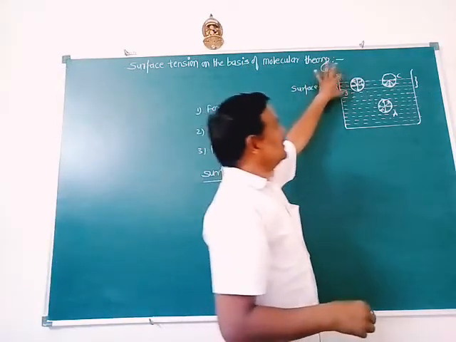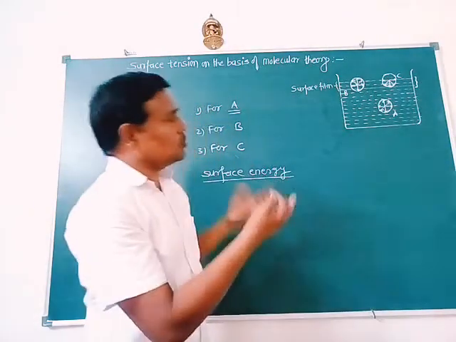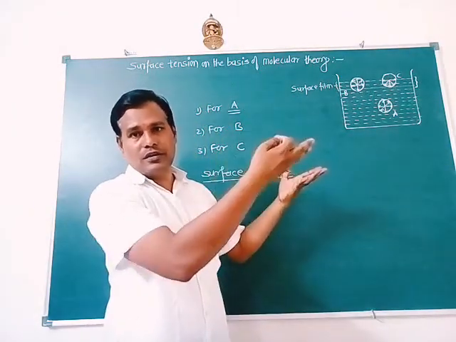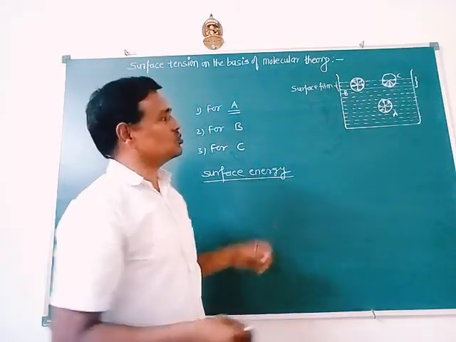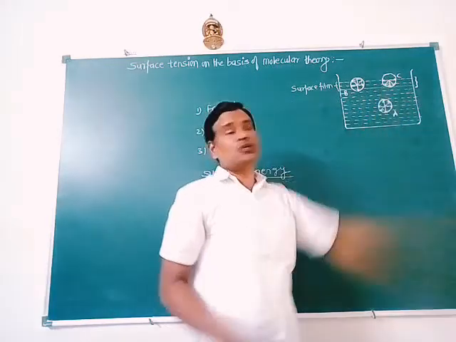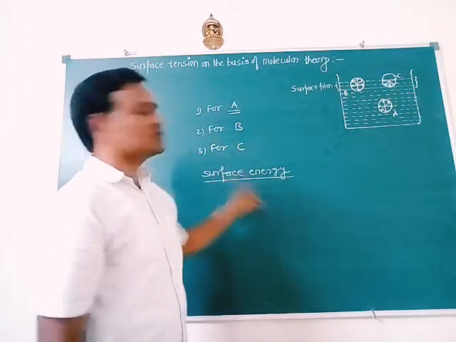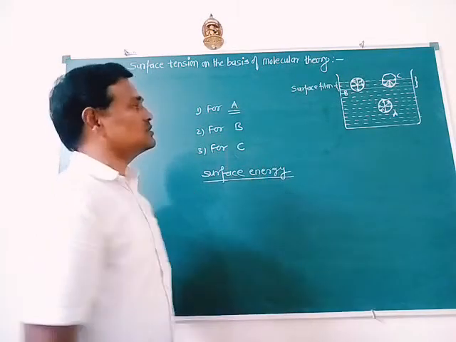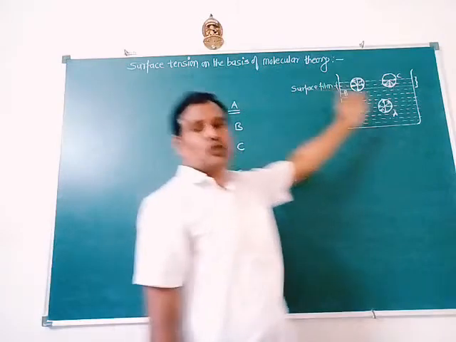So in increasing the surface of the liquid in contact with air, we have to bring molecules from the lower side, and that requires work done, which is stored in the form of potential energy, and the potential energy stored in the surface film is called surface energy. So this is the concept of surface energy. This is surface tension on the basis of molecular theory.